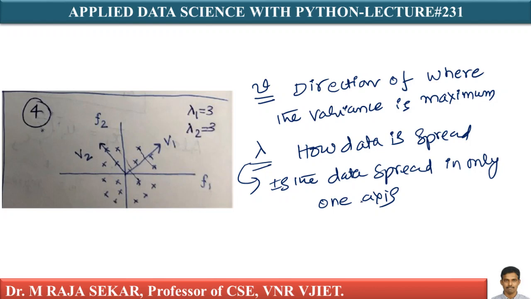If lambda is small, you know that you can just project. These two points are the essence. Lambda indicates the spread of the data, whether on only one axis, on two axes, or on different axes. V indicates the direction on which the variance is maximum.